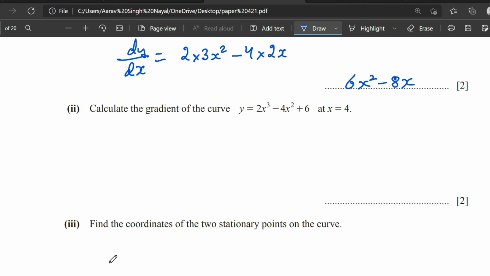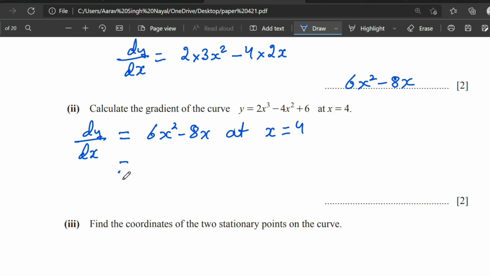Second part, calculate the gradient of the curve at x equals 4. Now we know that gradient is actually dy by dx only. So dy by dx, which equals 6x square minus 8x, and substituting the value of x equals 4.